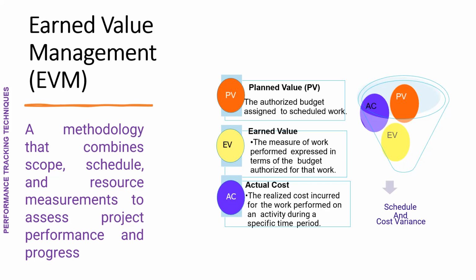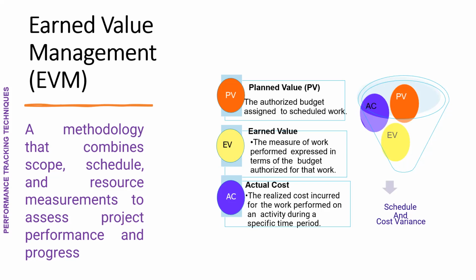It combines scope, schedule, and resources. That tells you that there's the tripartite triangle again. It combines scope, schedule, and resource measurements to assess project performance and progress.